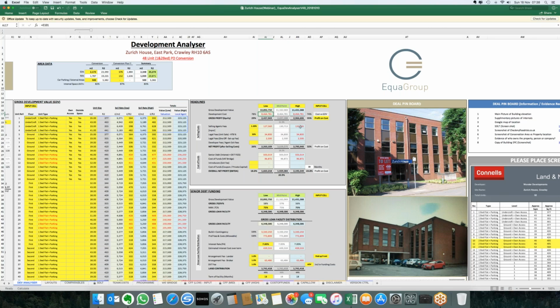So we've got in here the selling cost. If you remember, the first email we sent off to the local agents asked them to please provide their proposal for supporting us in the sale of the scheme. They'll be providing that information, which is great evidence to put in there. And also if it's Help to Buy: across all of our schemes, we'll generally apply for Help to Buy support.